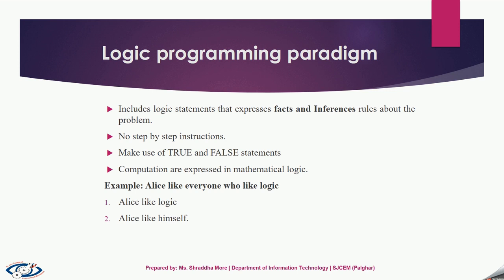So this type of programming paradigm basically focuses on logic statements. For example, Alice likes everyone who likes logic. So from the above statement we can infer two things. The first one is Alice likes logic and the second one is Alice likes herself.